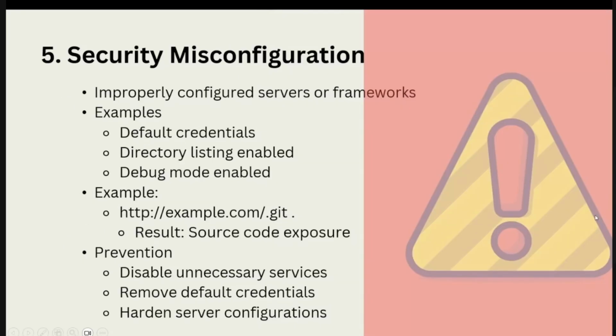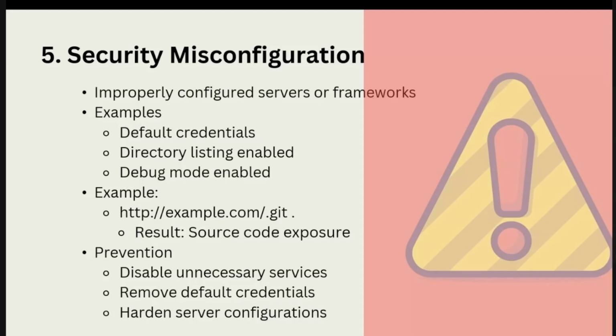Let's move to the next one. And the fifth vulnerability in the OWASP Top 10 is security misconfiguration. Improperly configured servers or frameworks belong to this vulnerability. Examples: default credentials, directory listing enabled, debug mode enabled. See this practical example of a website with an exposed .git directory, which results in the source code being exposed.